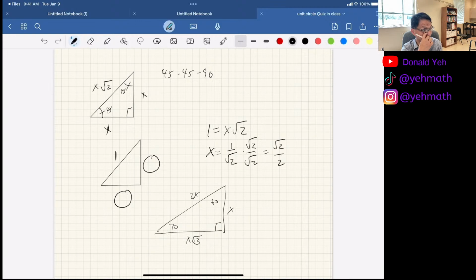That's the original ratio. You should know that this is on your SAT, and you will see it again. Okay, so now remember the hypotenuse, what is the hypotenuse at the unit circle? 1. So x is equal to 1/2. So that means the height is 1/2, and this is 1/2 times square root 3.